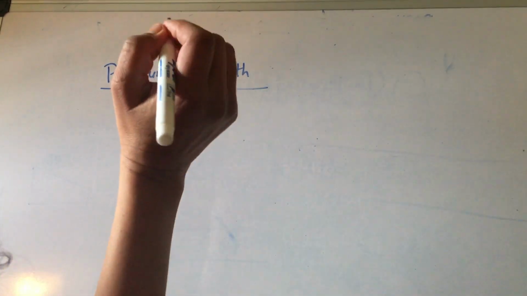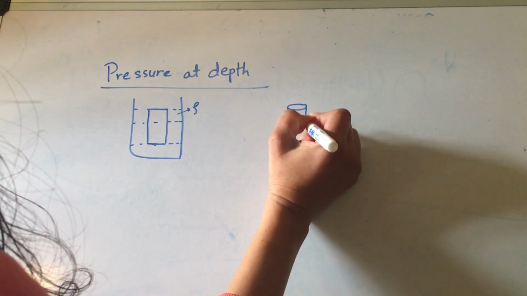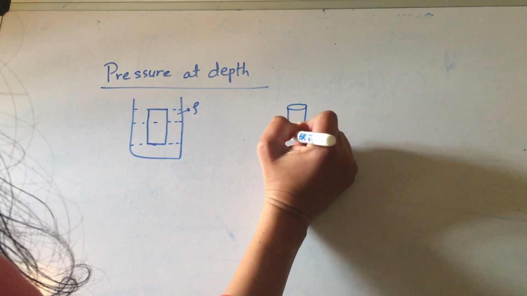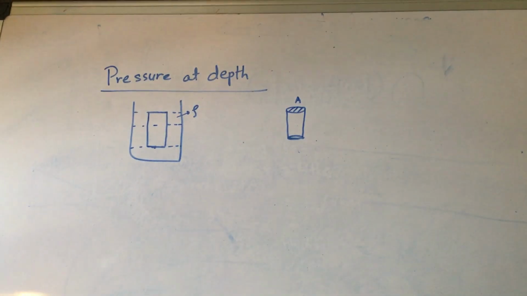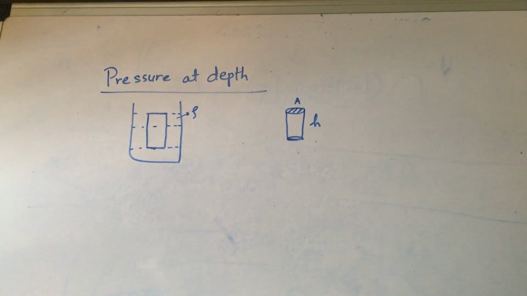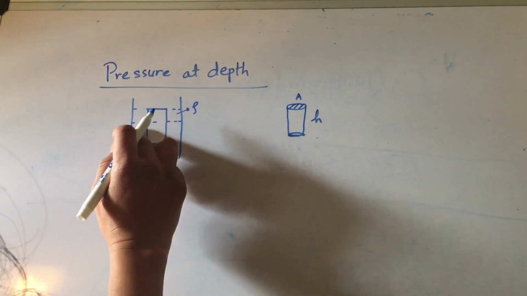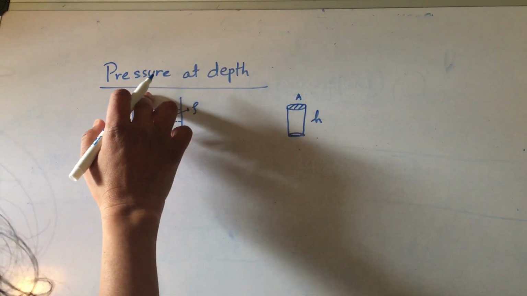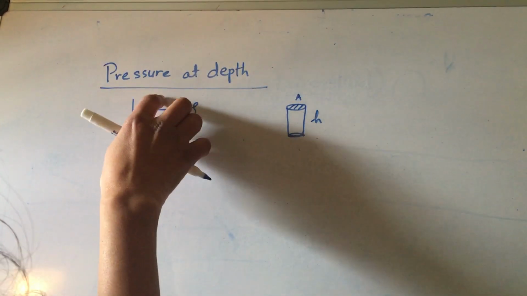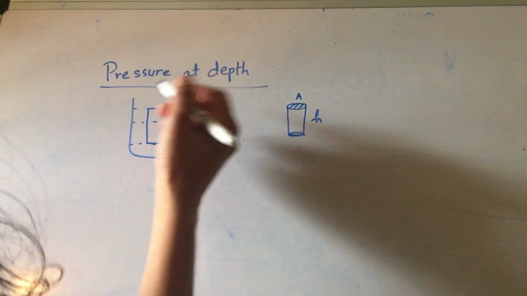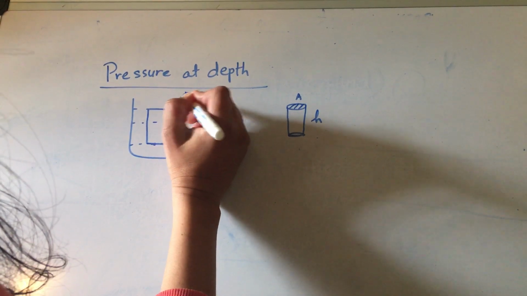It's a cylinder with a cross-sectional area A on top and a height H. There is fluid on the bottom, and on the top there is just maybe air or something pressing down. Let's say on the top it has some pressure P naught.